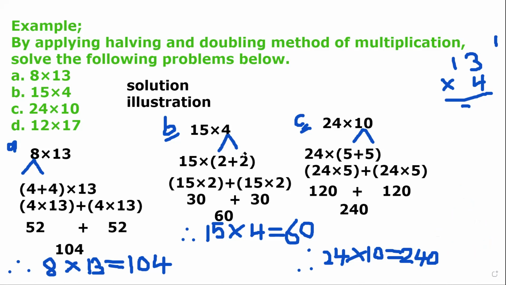You can try your hand on that, okay? Good. So always try to use the halving and doubling method of multiplication to solve some of the multiplication problems that you don't understand. But this method can only work when one side of the multiplication is an even number. Make note of that, okay?